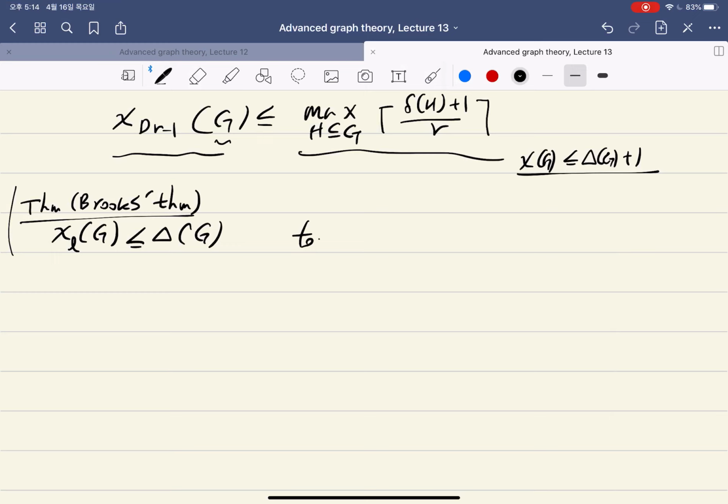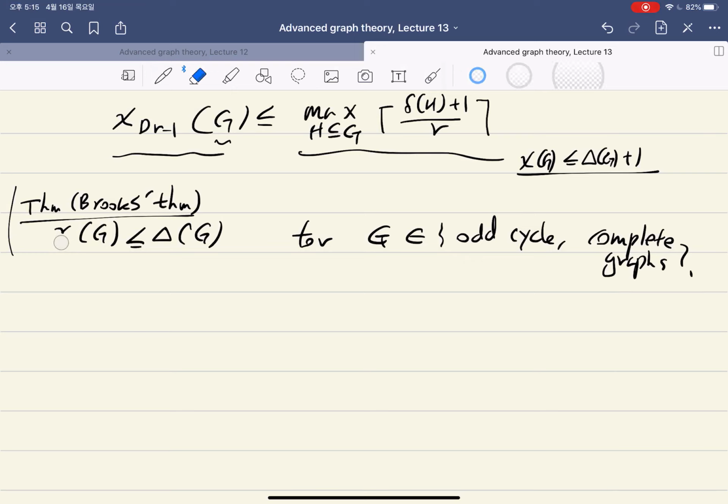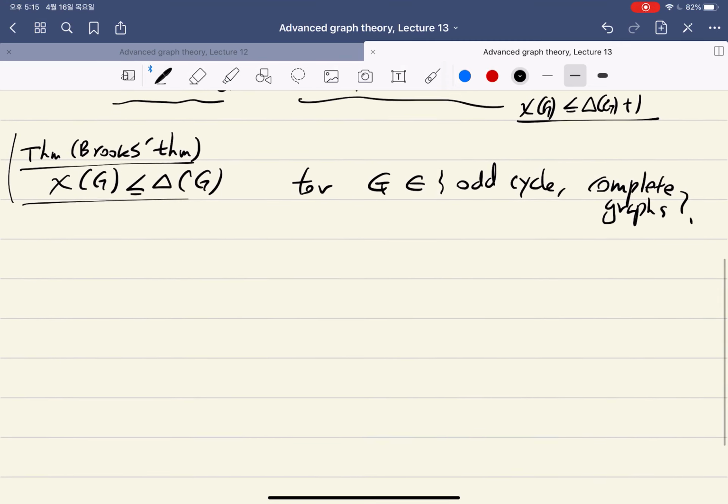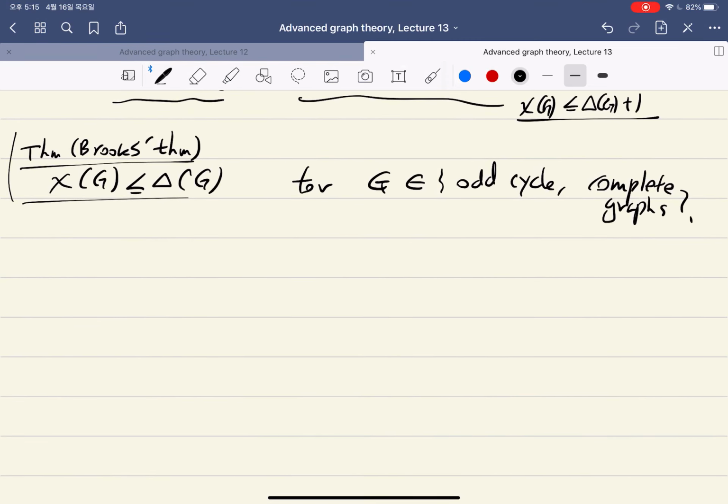Obviously I forgot: if G is not an odd cycle or a complete graph, then this also holds for list chromatic number. But if we just want to prove this for chromatic number, the proof idea is roughly the following.